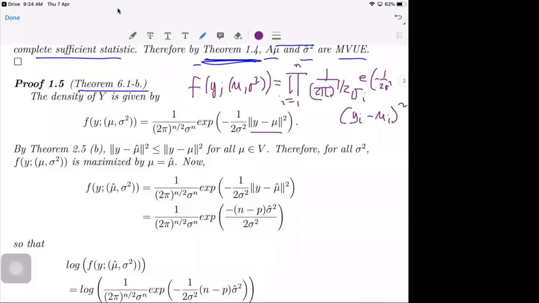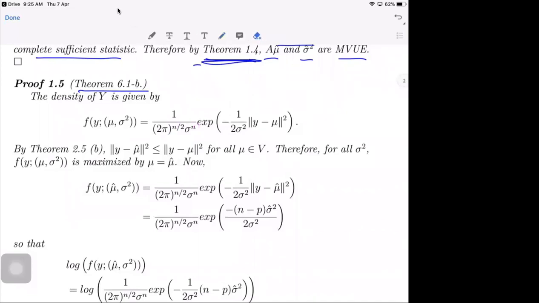So if you get the product of that, that will just be equal to the square norm for this part here, and this part here will be raised to the n, since it is a product of independent random variables.